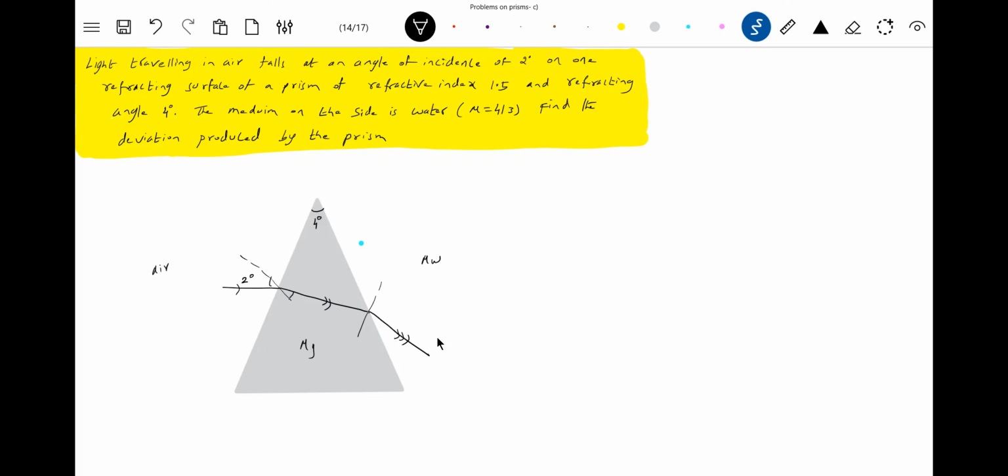Let this be the R1, R2. Let this be I2. Let this be I1. I1 equal to 2 degree. Angle of prism 4 degrees. So sine I1 equal to mu g sine R1.